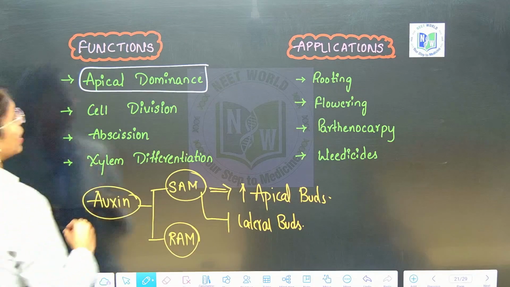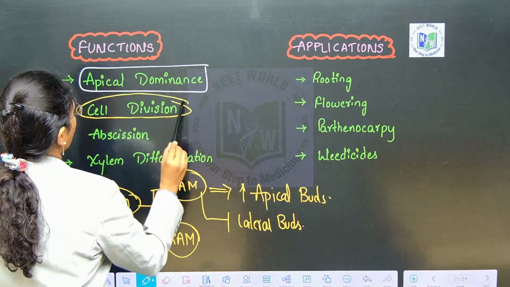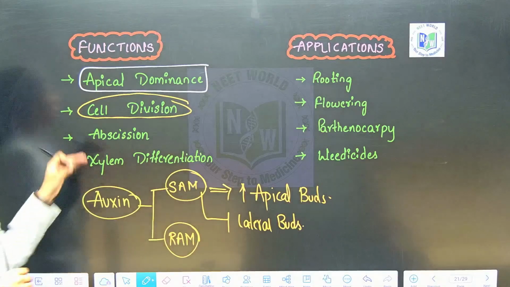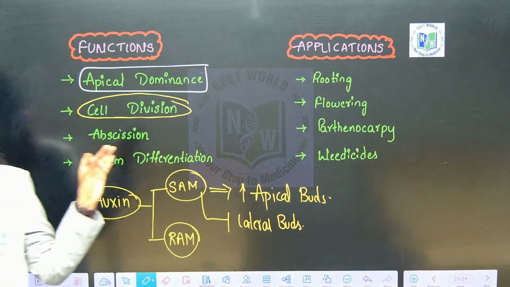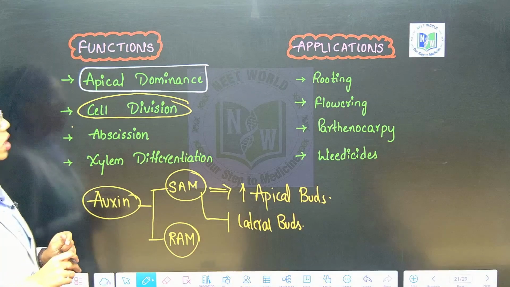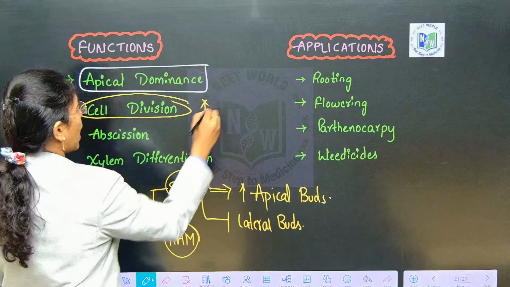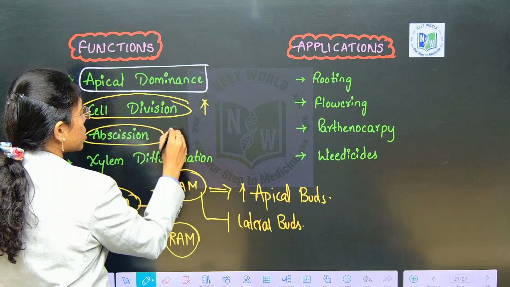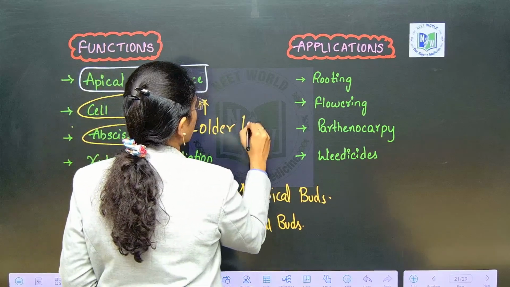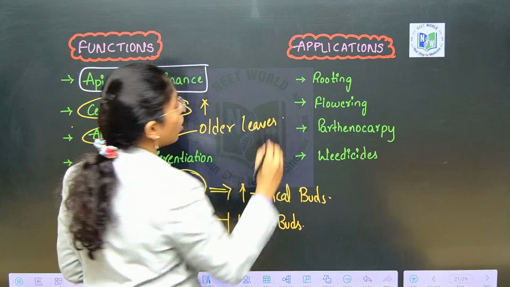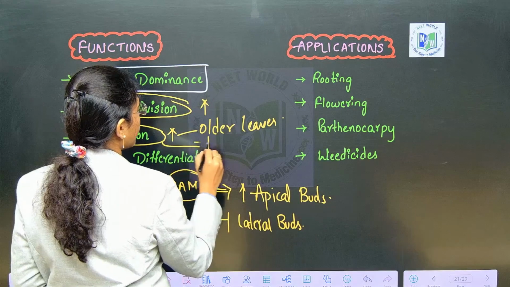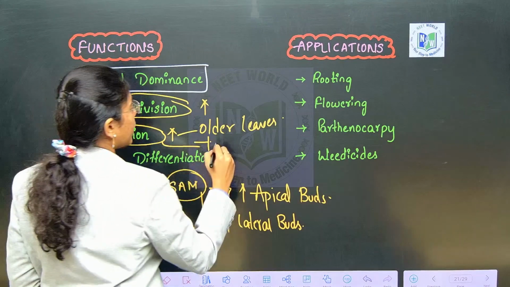Second is cell division. Auxin will promote cell division and it will promote the abscission of older leaves and older parts of the plants or older fruits, and it will inhibit the abscission of younger leaves.